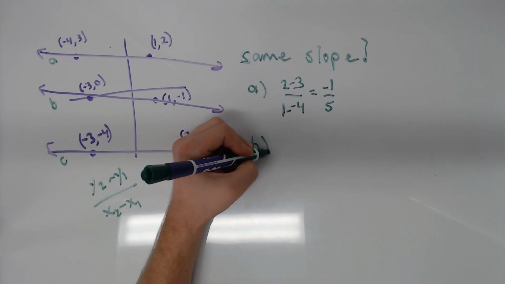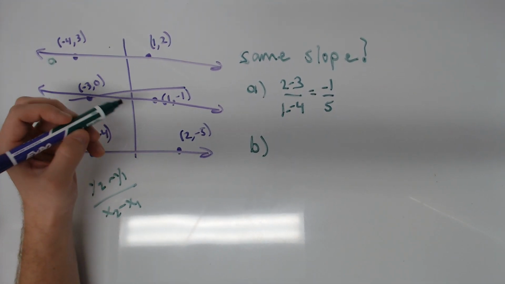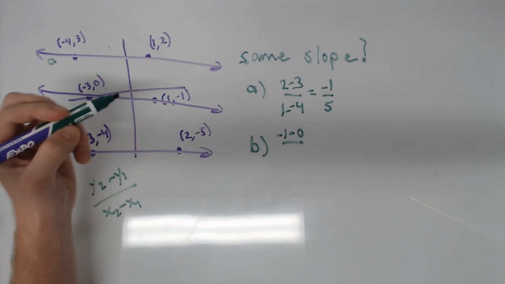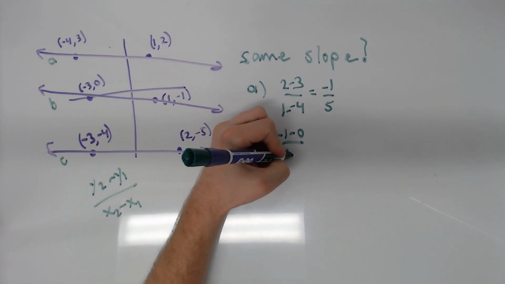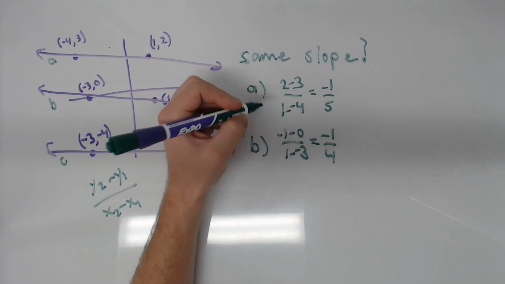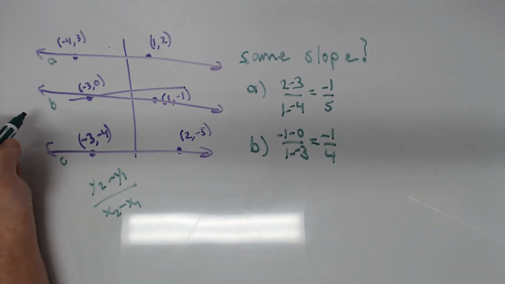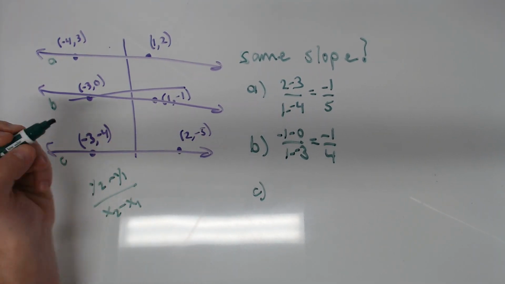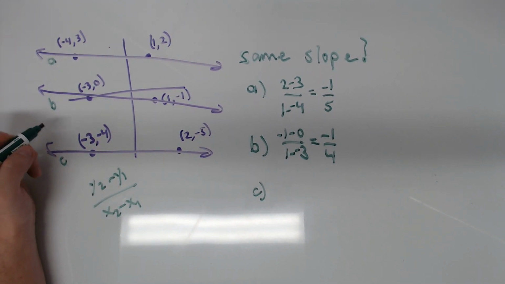Now for line B, I'm going to do negative 1 minus 0 over 1 minus negative 3, and I get negative 1 over 4. So A and B are not parallel. Even though their slopes are only ever so slightly different, their slope's still different. They need to be exactly the same.